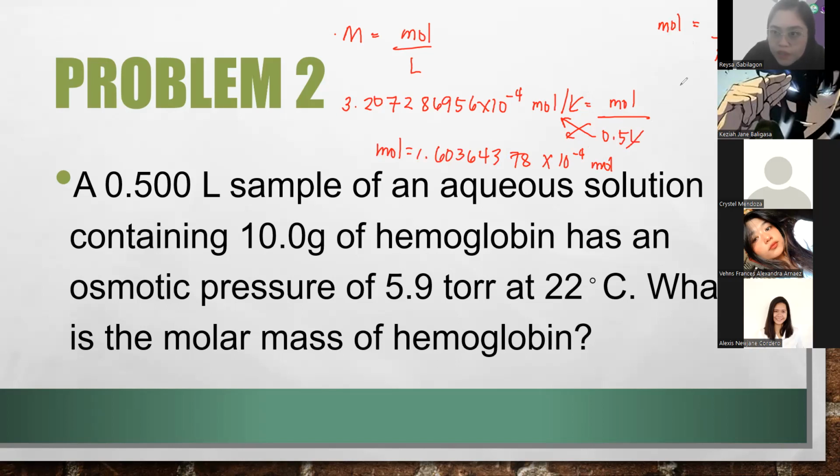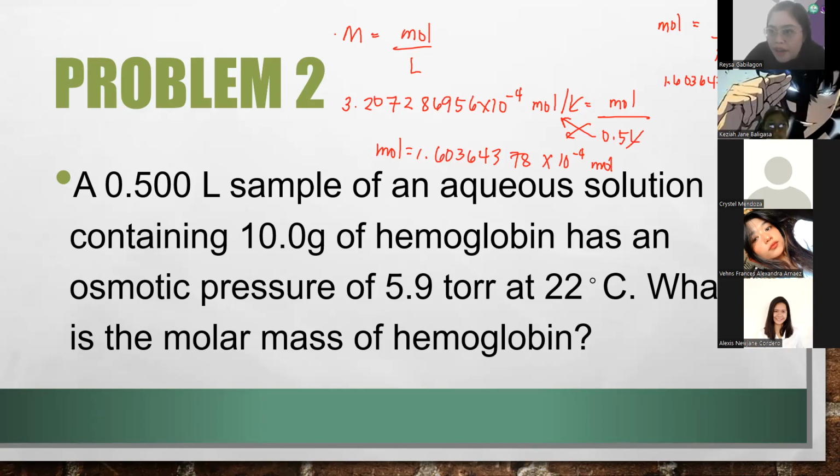So the mole is 1.60364378 times 10 raised to the power of negative 4 moles equals, the weight is 10 grams, and then this is the molar mass.